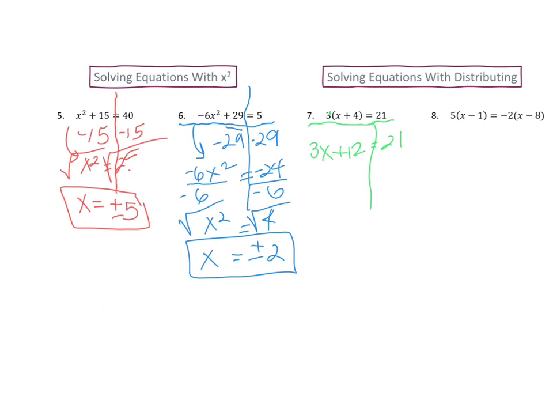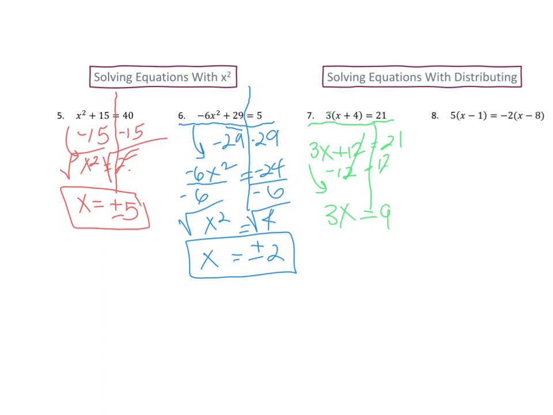And now we just solve it like we would our standard equations. I got 3x plus 12 on one side, so I want to have just letters there. So I do the opposite of plus 12, minus 12. And as long as I do it to both sides of the equal sign, it's perfectly legal. This goes away. I bring this down, and I get 3x equals 21 minus 12. Anybody? Yes, it's 9.